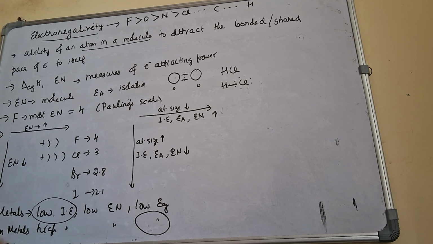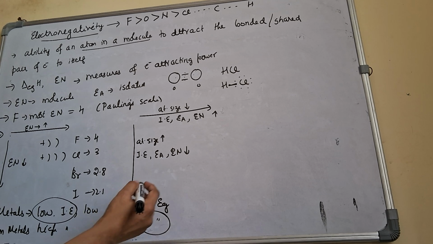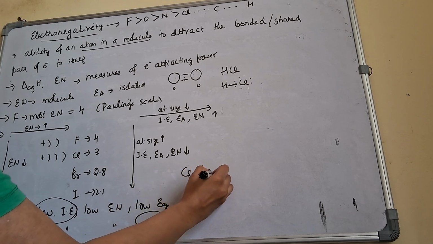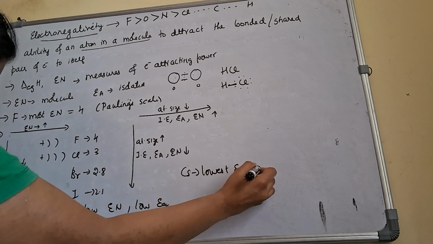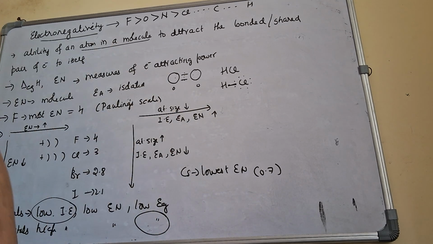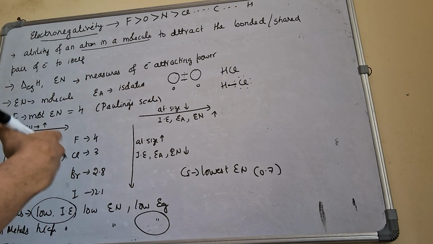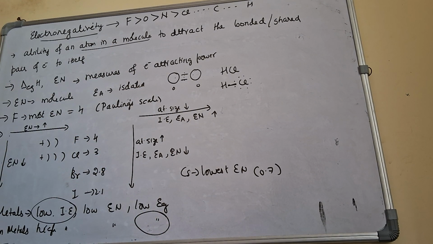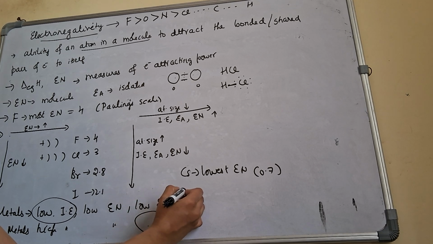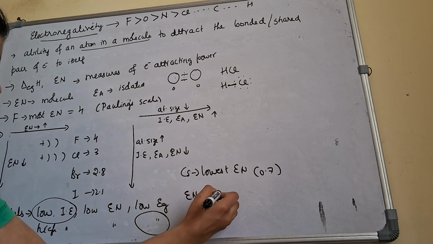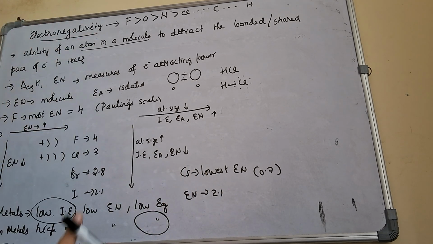Now fluorine has the highest electronegativity. Cesium has the lowest, about 0.7. That means it is the most electropositive, with a tendency to give away an electron. The electronegativity of hydrogen is 2.1, and it is exactly the dividing line between metals and non-metals.